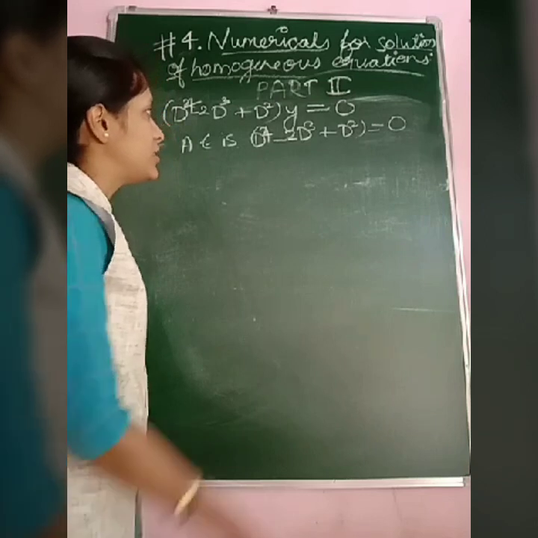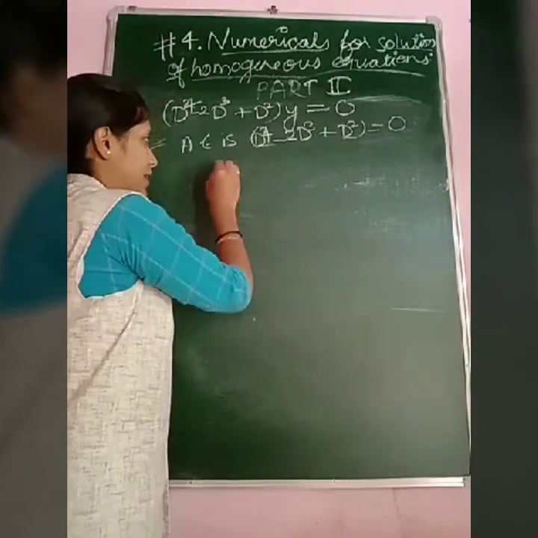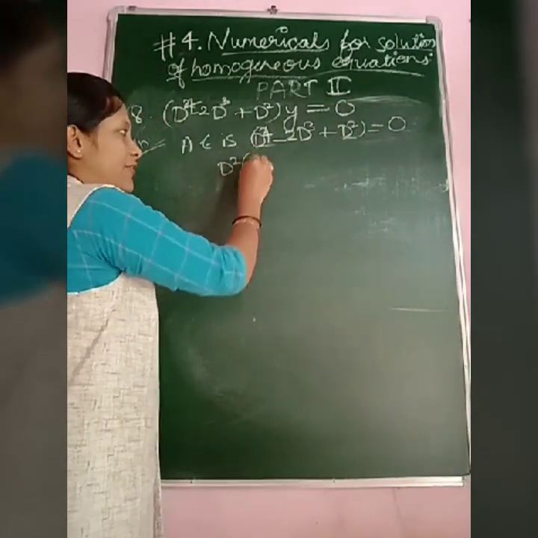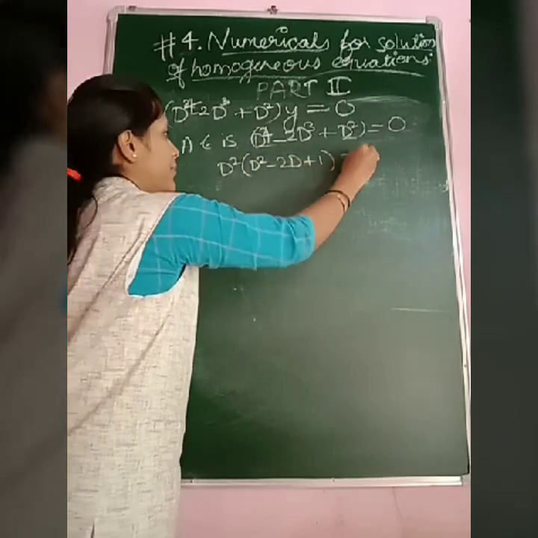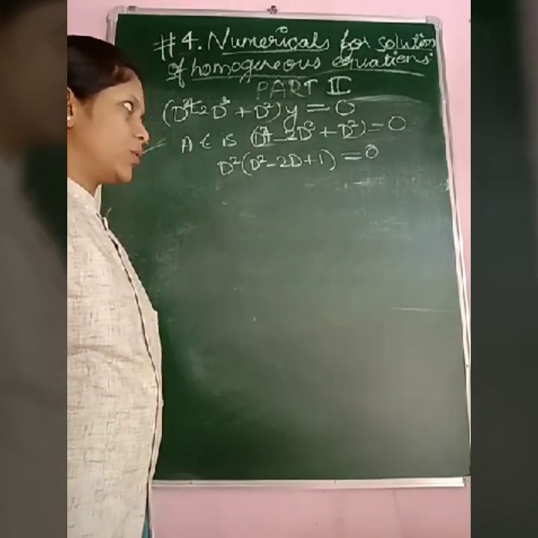Looking at this equation, D^2 is common, so I can take D^2 common. I am left with D^2 - 2D + 1 = 0.